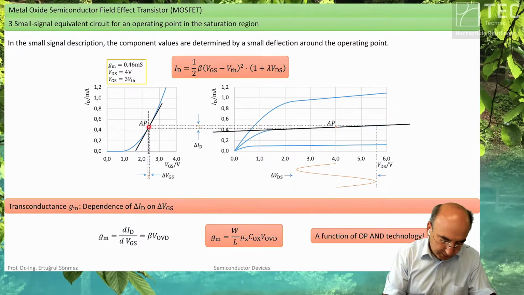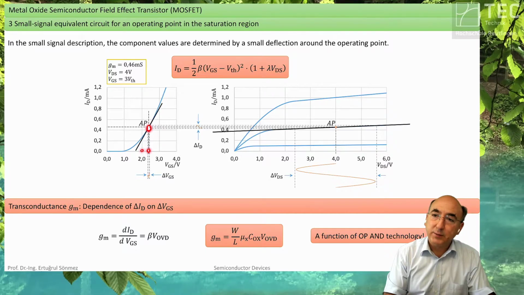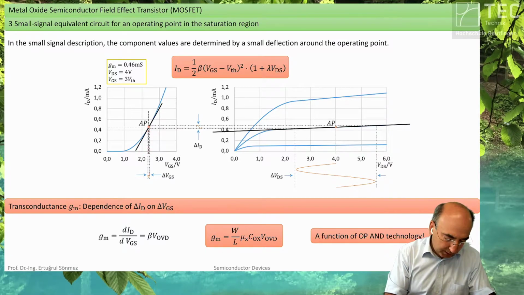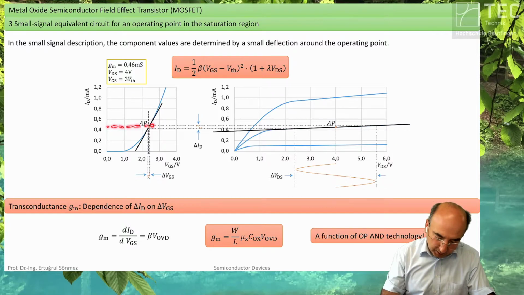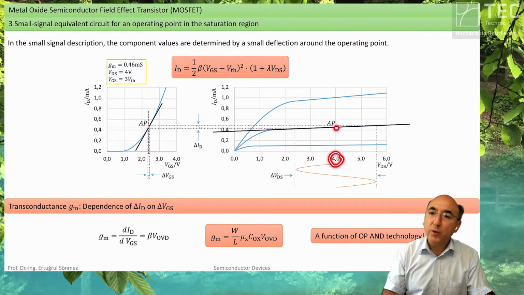So your bias you set by applying, for instance, 2.4 volts at the gate. Then you get, let's say, something around 0.4 milliampere. At the same time, you apply to the drain also a bias voltage of 4 volts.